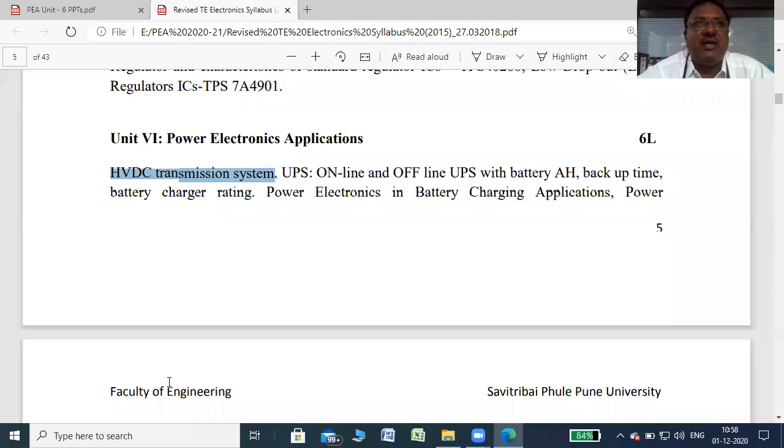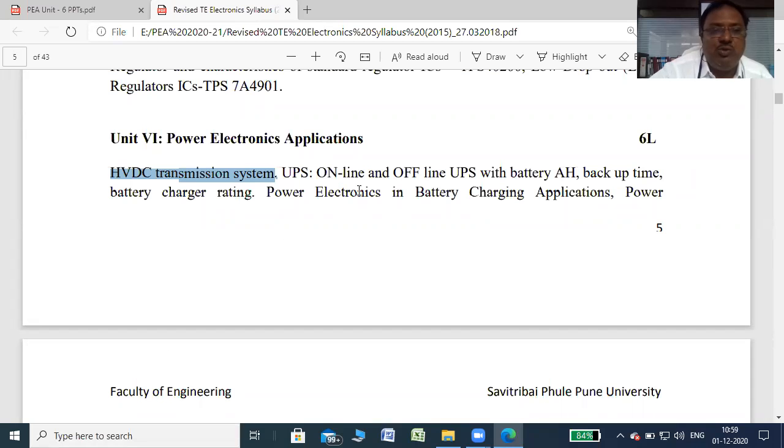At the receiver side, again there will be a converter called an inverter, which converts DC into AC of desired frequency and desired voltage level, right? So there is no need of synchronization between transmitting and receiving stations by using HVDC transmission. So we have seen various methods of HVDC transmission system.